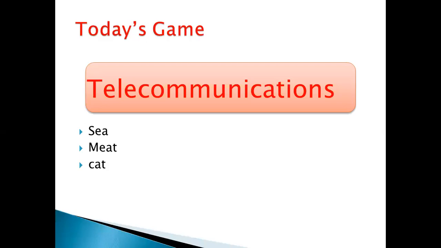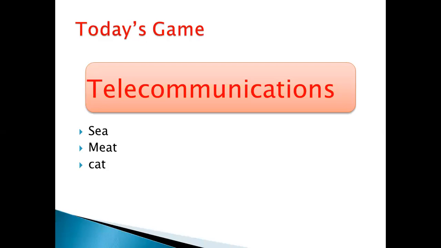For example, I did some examples for you. The word sea, S-E-A. Does this word have the letter S? Yes, it's the last letter. Does it have E? Yes. Does it have A? Yes. So S-E-A forms a word. Of course, you know sea.